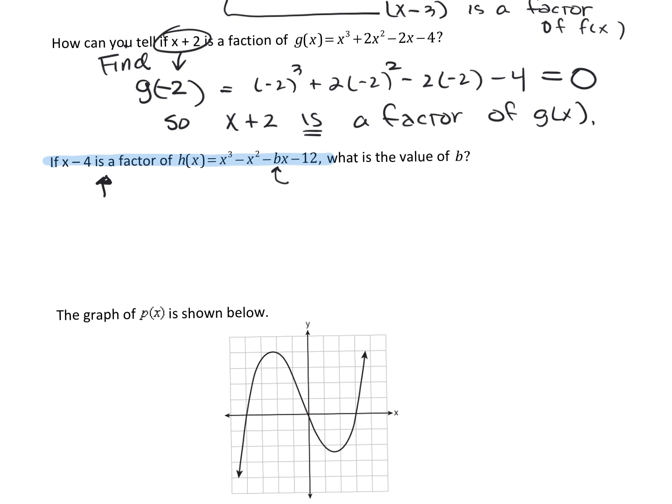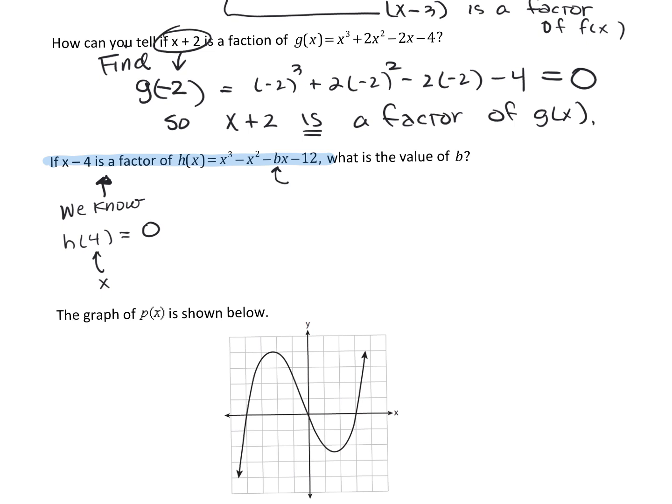Okay, but if x minus 4 is a factor, we know that h of positive 4 has to equal what? What does it have to equal? 0. So we know that when we put 4 in for x, our polynomial will be equal to 0. That's what factor theorem says.